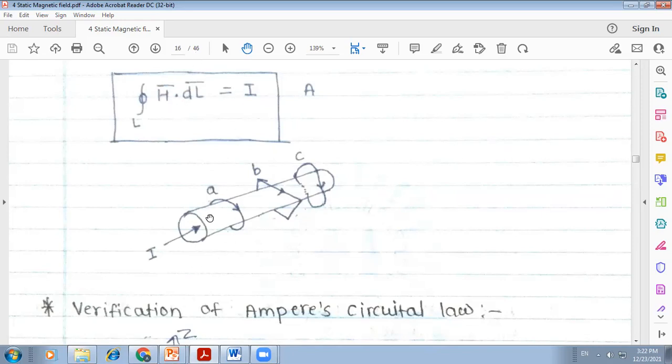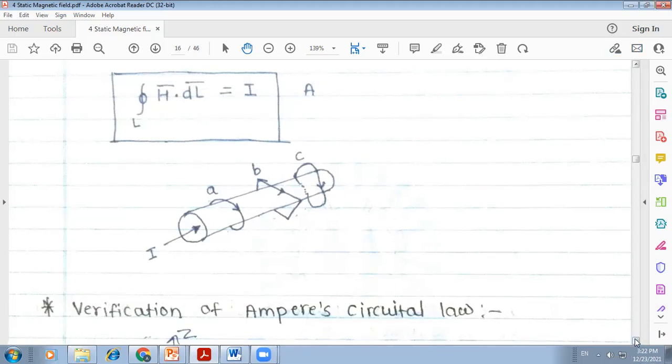Whatever magnetic field intensity is produced by that loop, its line integral is equal to the current I. Now the closed path can be of any shape, but it should be a closed one. Then and only then will the current flow. So path A is there, B path and C path, but all are closed. So remember the statement.